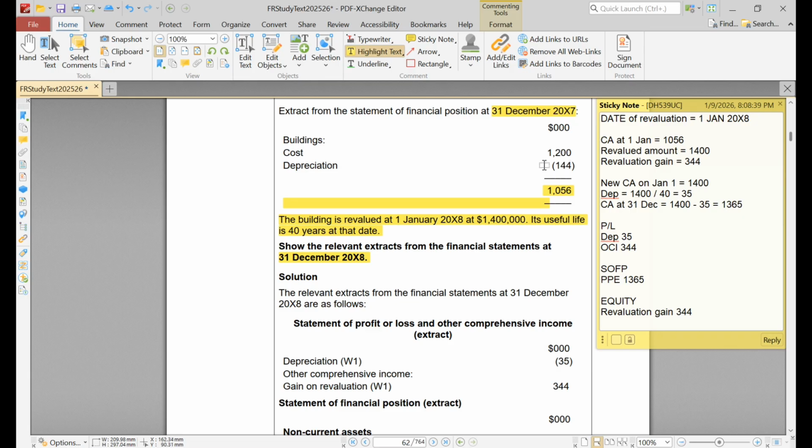So pretty much after you revalue, for example, before the value was just 1056, and the depreciation in this case was 144, this is accumulated depreciation.